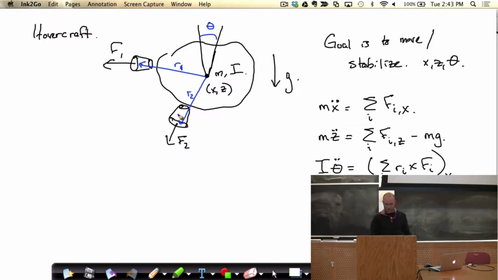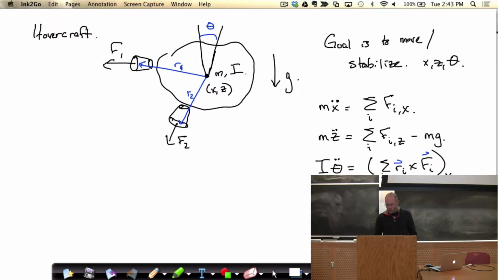So that's the location of my forces, right, described relative to that point. Yeah? This is a cross product. This is a vector, and I want the y component of that, the one coming out of the board.